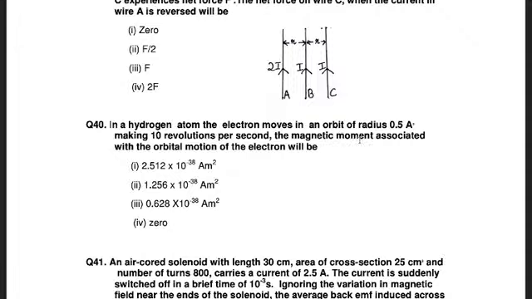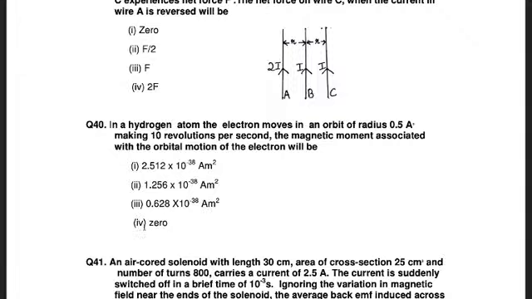The magnetic moment associated with the orbital motion of the electron will be option 1, 2.512 into 10 to the power of minus 38 A m squared; option 2, 1.256 into 10 to the power of minus 38 A m squared; option 3, 0.628 into 10 to the power of minus 38 A m squared; option 4, 0.